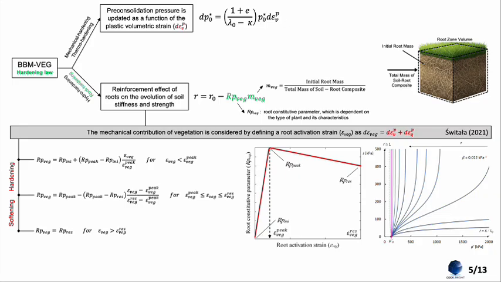So the hardening is related to the parameter R with two items. First, MVEG, which is the initial root mass relative to the total mass of the soil and root composite, and the parameter RPV, the root constitutive parameter that considers the effect of roots on the strain of the root soil composite.